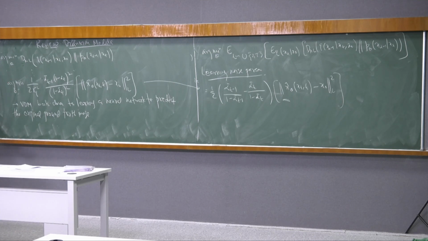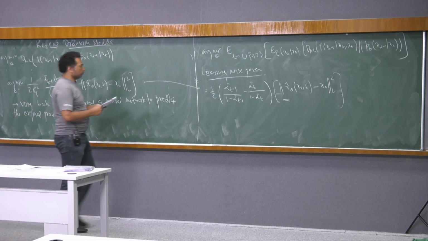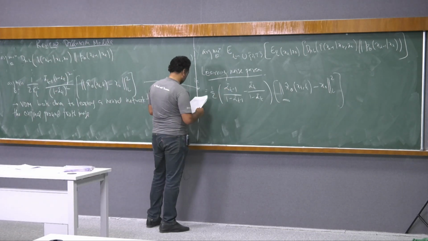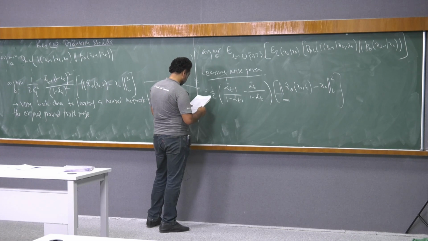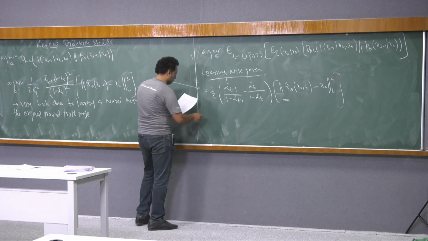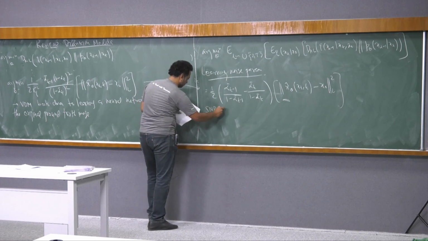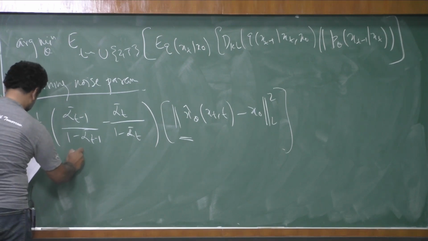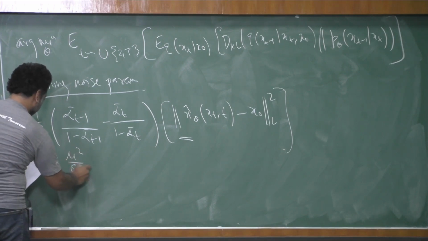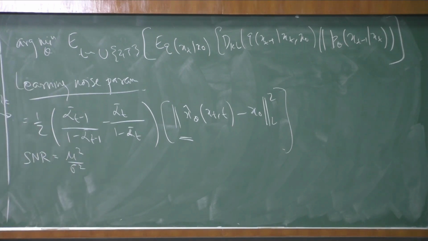Now this ratio of mean and variance is the signal to noise ratio. So then this is SNR. This is the variance and this is the mean. SNR is usually defined, people who work with signals use this a lot, as mean squared by variance. In our case, the mean was actually square root of alpha t, so when we square it, this becomes alpha t.